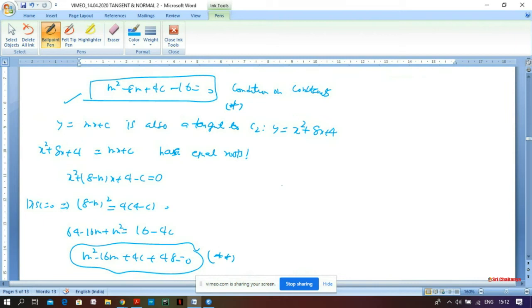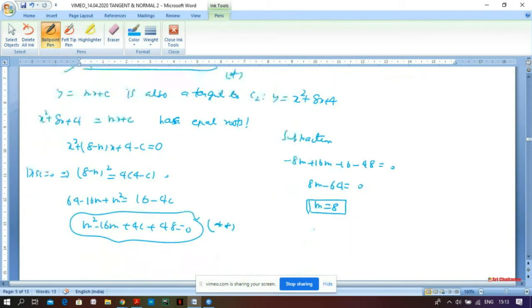So by subtraction of star star from star, you are getting here minus 8m plus 16m, and minus 16 minus 48 is 0. So you are getting 8m minus 64 is 0, and so you are left with m equal to 8. So m equal to 8 is one answer.